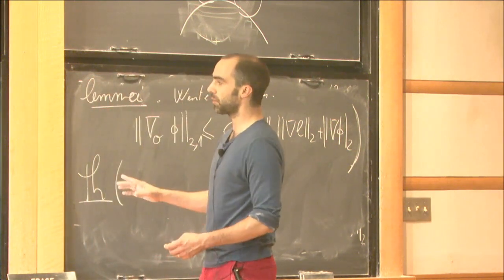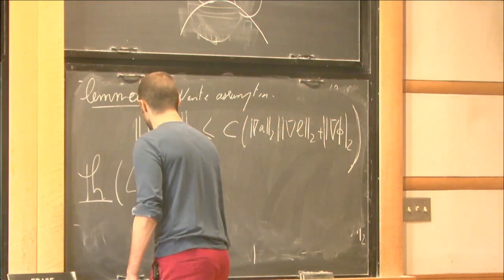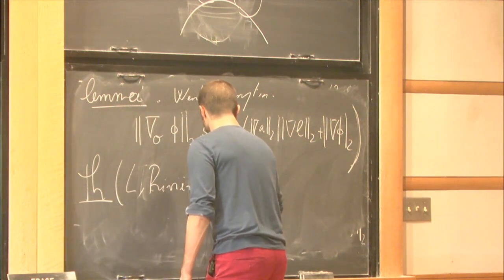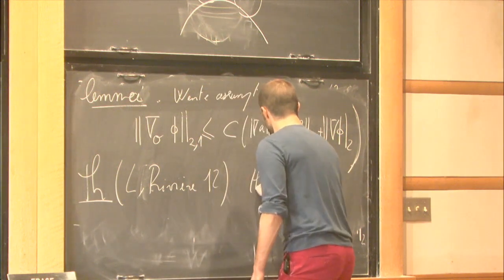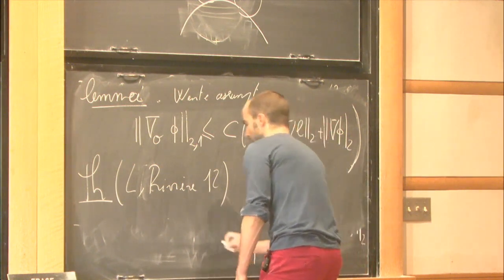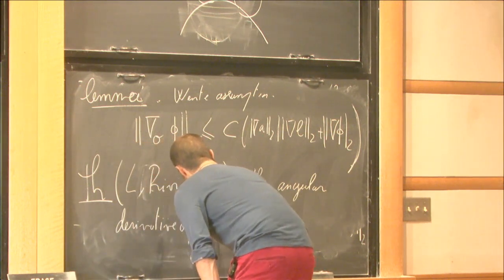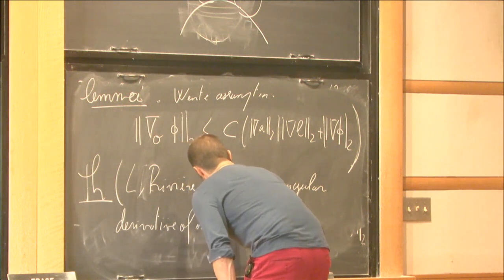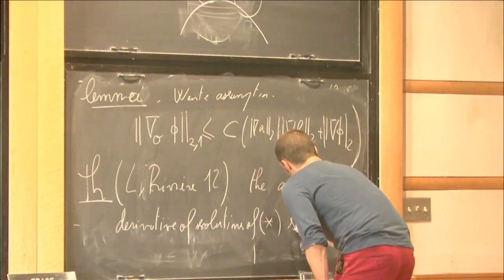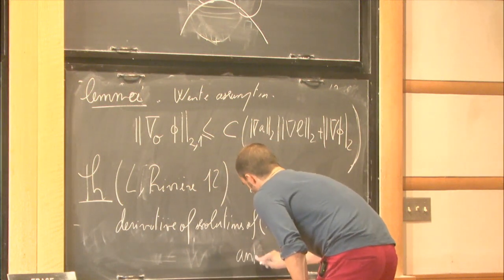So we have a theorem, but not for all derivatives, only for the angular derivative. It was proved by me and Rivière in 12. The angular derivative of a solution of star satisfies an energy density.